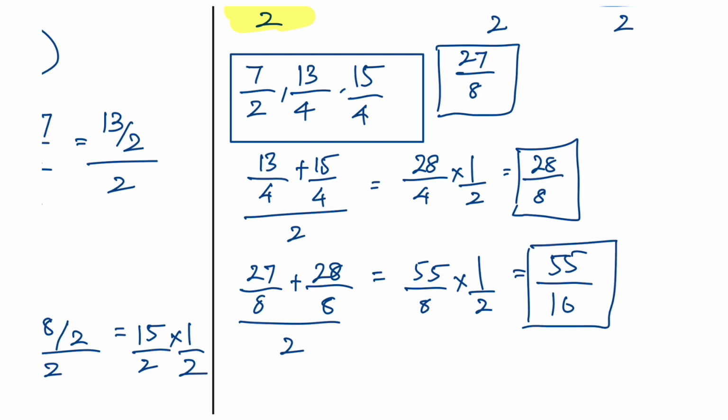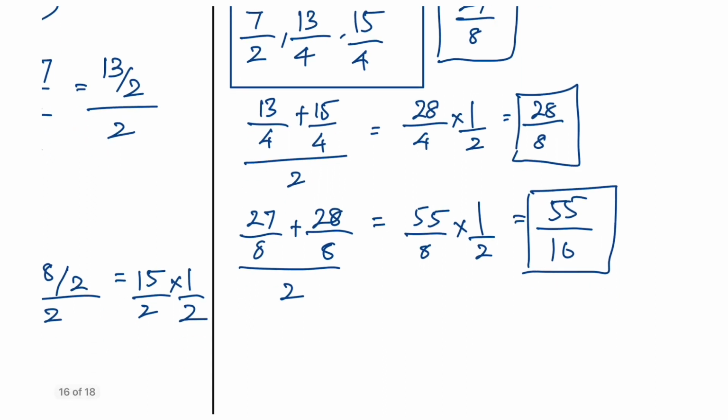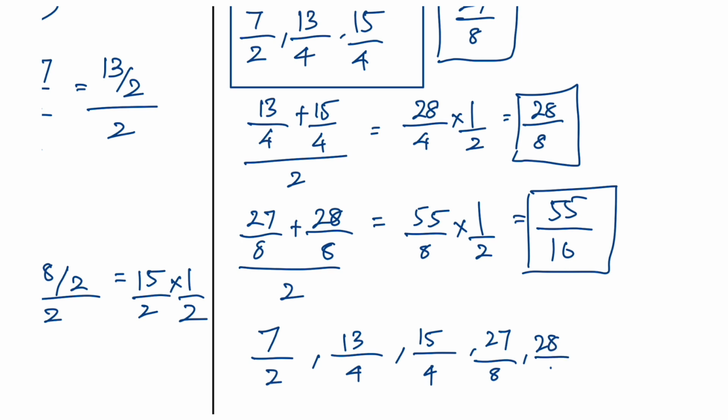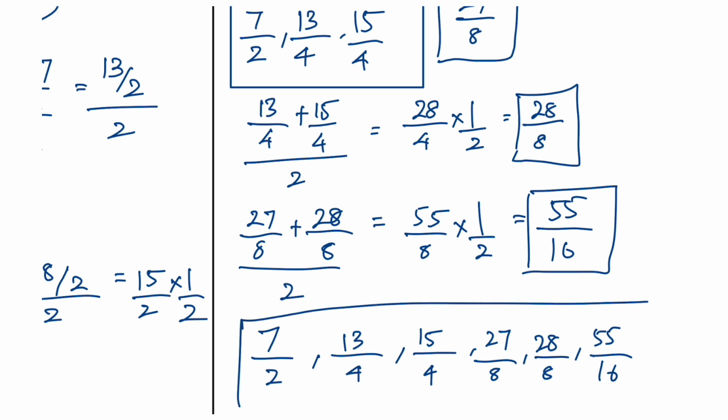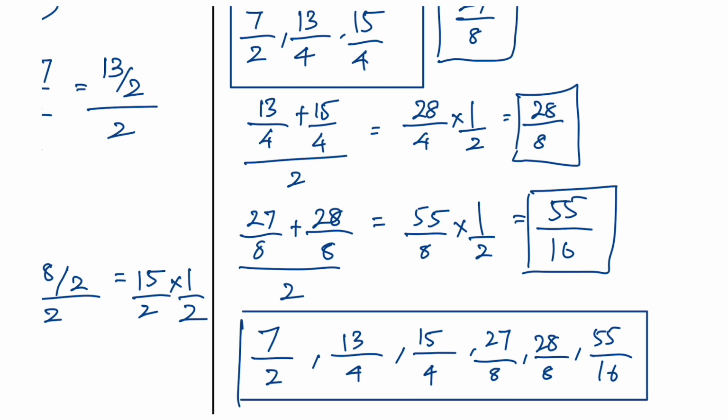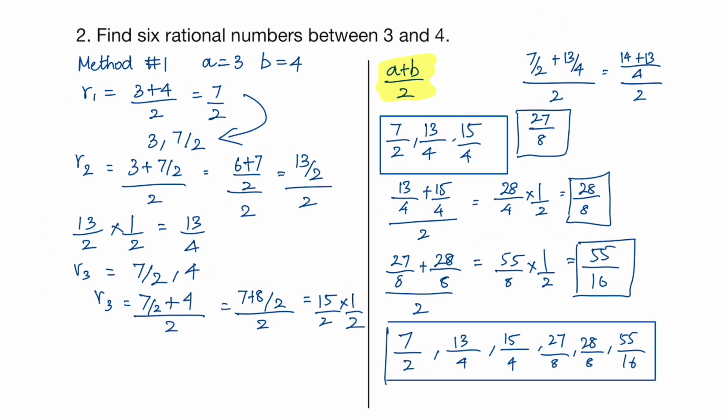Now these are the 6 rational numbers within this range: 7 by 2, 13 divided by 4, 15 divided by 4, 27 divided by 8, 28 divided by 8, and 55 divided by 16. These are the 6 rational numbers that we have found within the range 3 and 4. So this is the answer to this question.